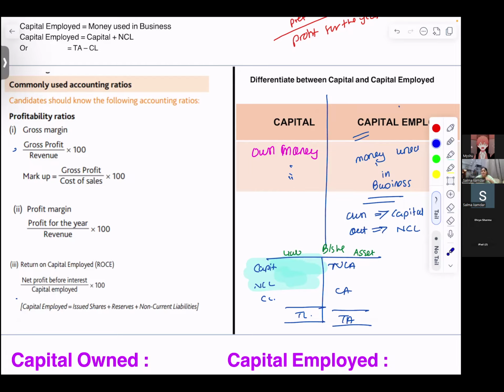How do you find capital employed? Capital plus non-current liabilities. Another formula to find capital employed?